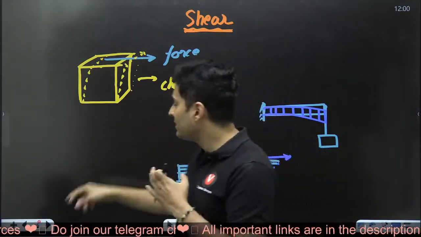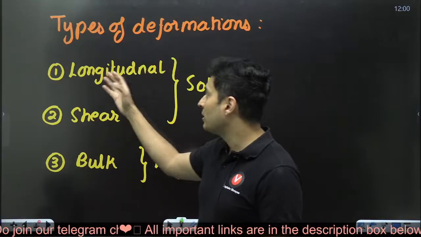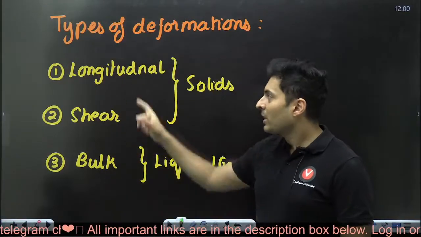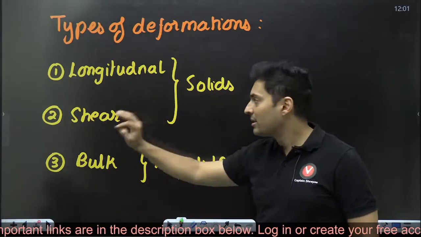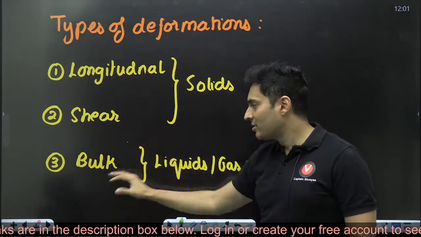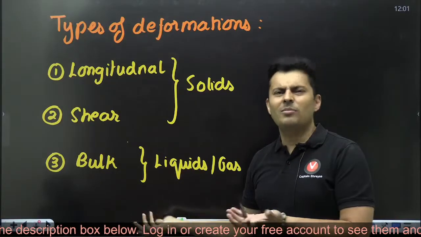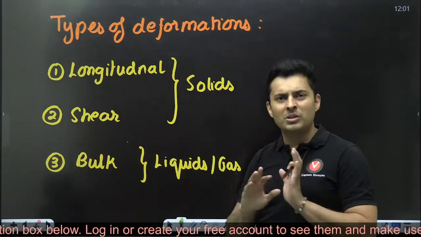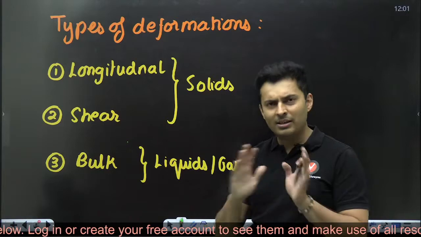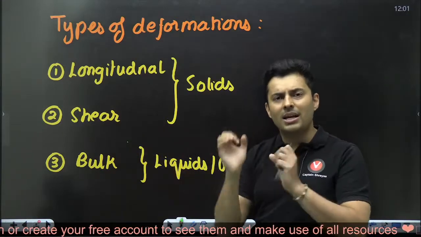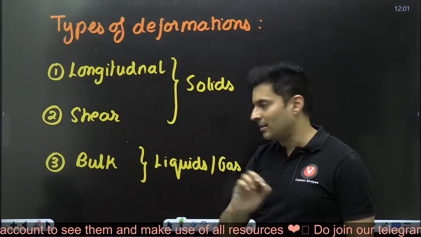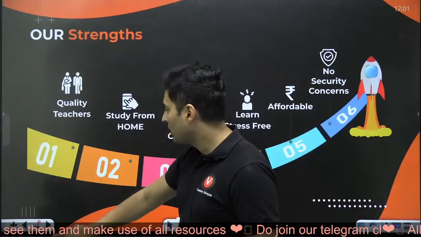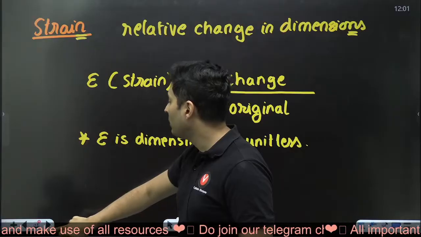So for all these 3 kinds of deformation, longitudinal, shear and bulk, each of them have their own stress, strain, modulus, which have been defined, but the formula is almost the same. Force per unit area will be the same for stress. For strain, again it will be a dimensionless quantity, and modulus will be obviously stress by strain. So let's see all of them so that the things are very, very clear in your head.